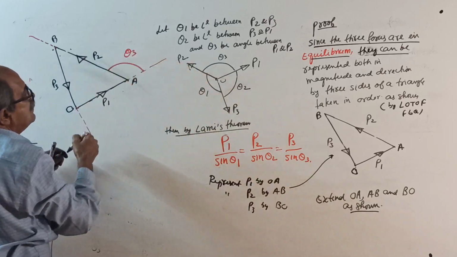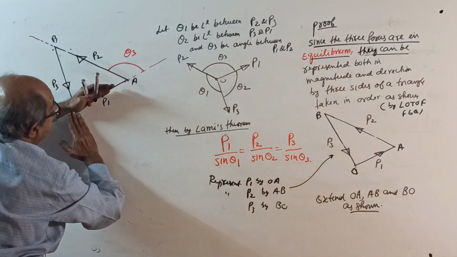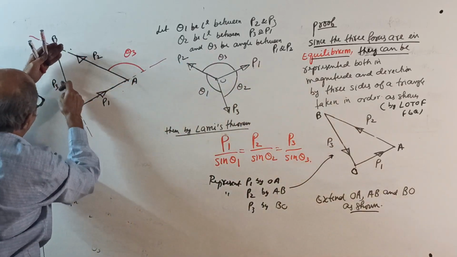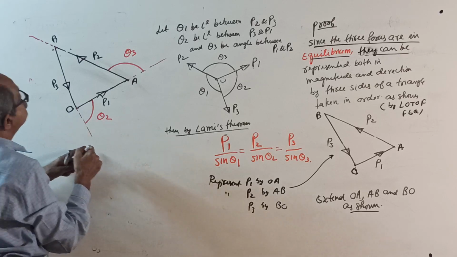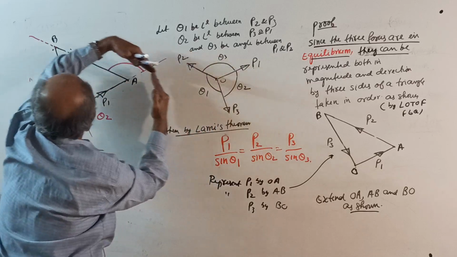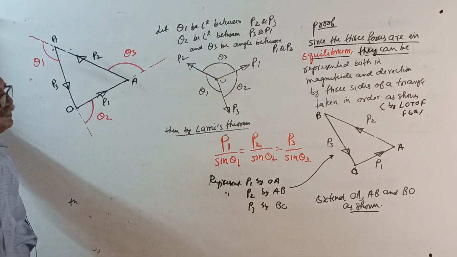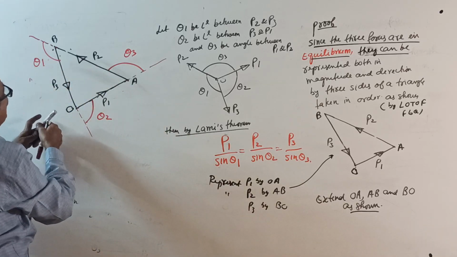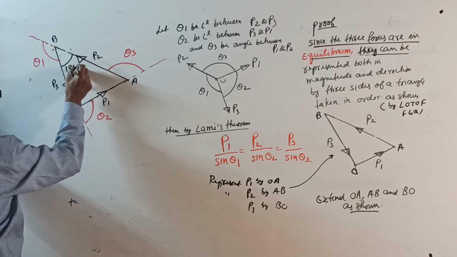Theta 3. See here. Theta 2. Theta 1. Now, if this is theta 1, this will be equal to 180 minus theta 1.